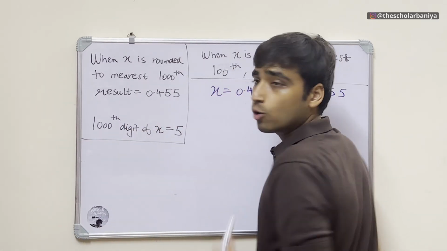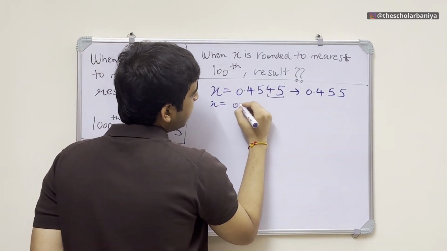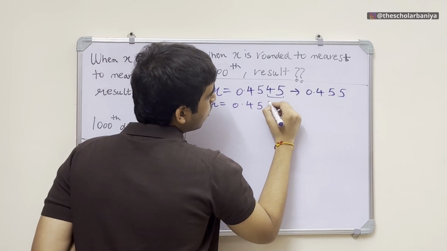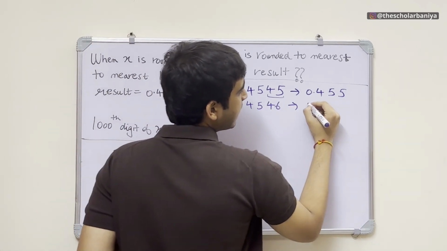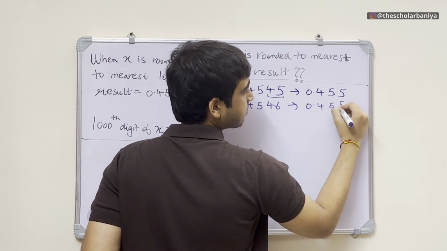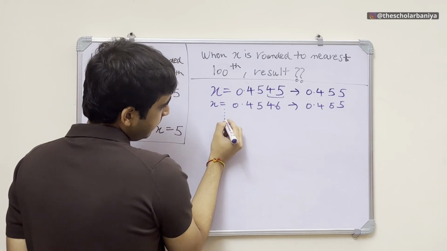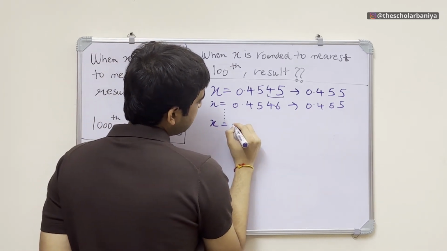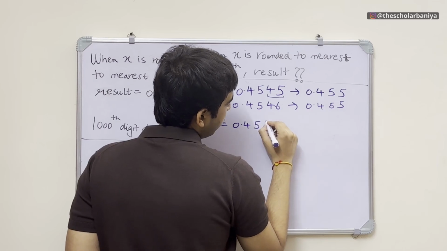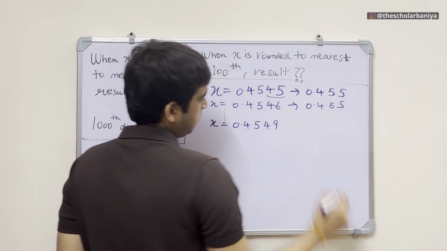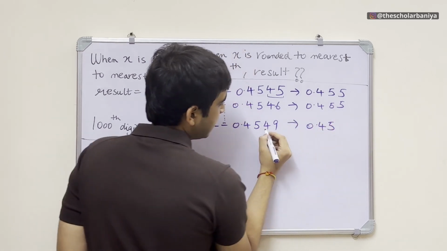So we will get 0.455, right? Similarly, if we have 0.4546, for example, then also if we round this off, we will get 0.455. If we keep going like this, and if x is 0.4549, for example, then also we will get 0.45 and this will again become 5.